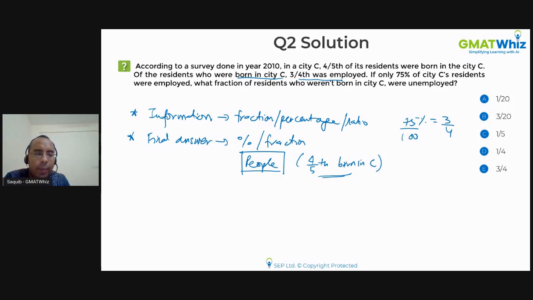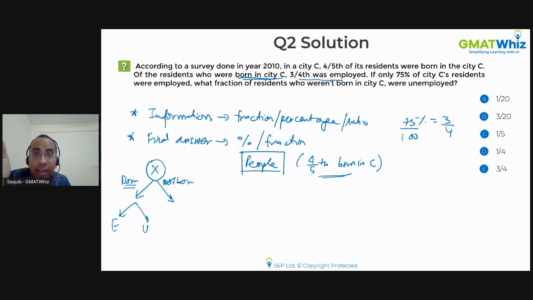If you're given something whole, some full information, like in this case, people, and you see that it is getting broken down into two parts, here in this case, born and not born, and then whatever entity you have here is further getting segregated into two or more parts, then you should understand that you either need to draw a tree or draw a matrix to solve the question. So here you can say that the born group has been divided into employed and unemployed.